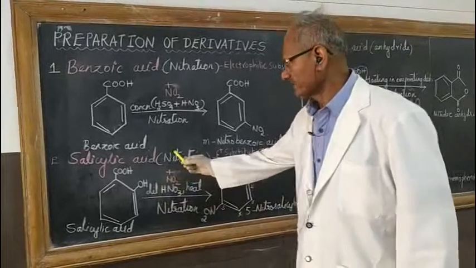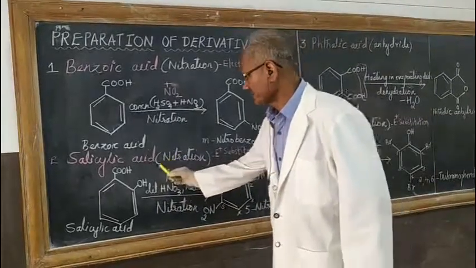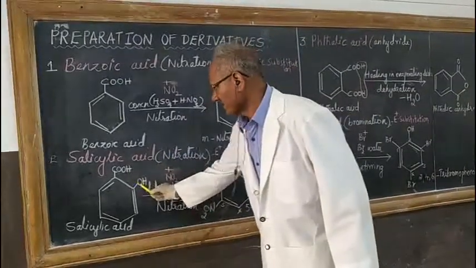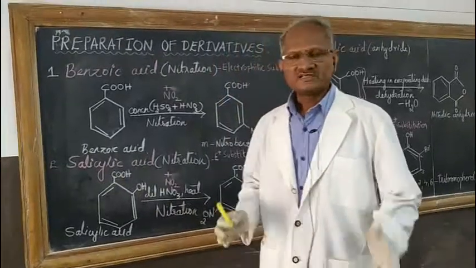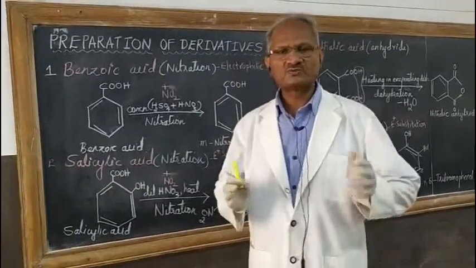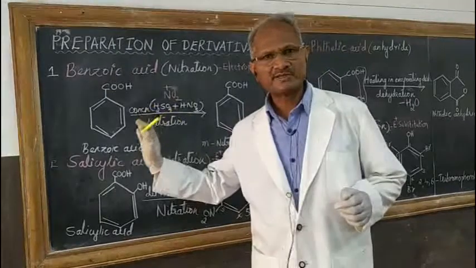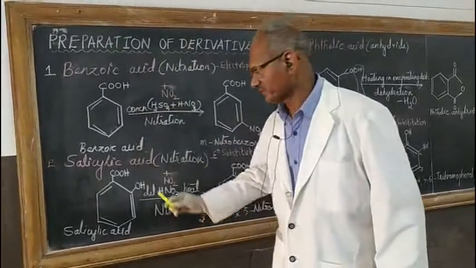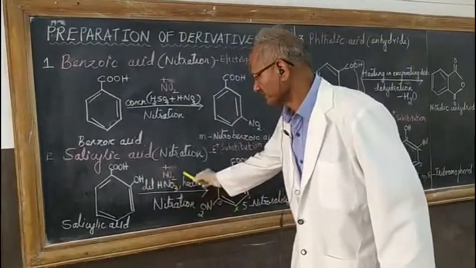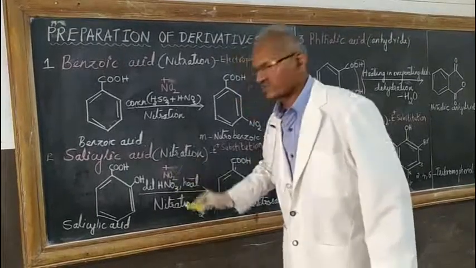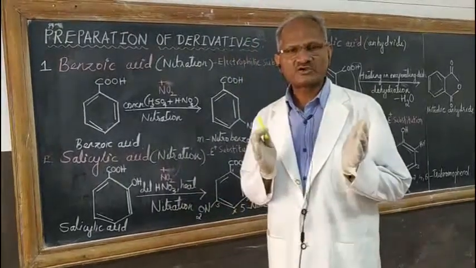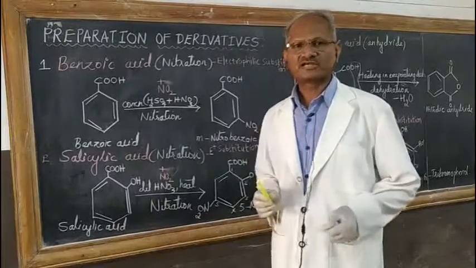Now I am taking salicylic acid, which is hydroxybenzoic acid. This is more reactive towards electrophilic substitution reaction when compared to benzoic acid. Therefore, we need dilute nitric acid. Here also nitronium ion is generated, and this nitronium ion is the effective electrophile.